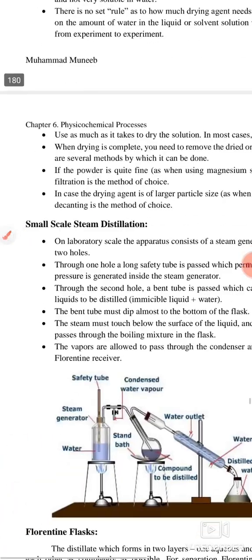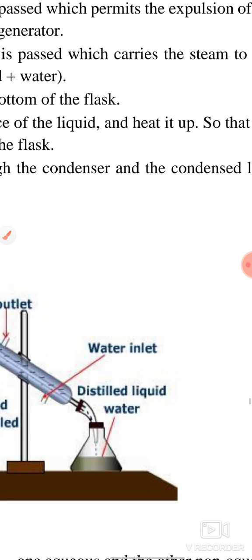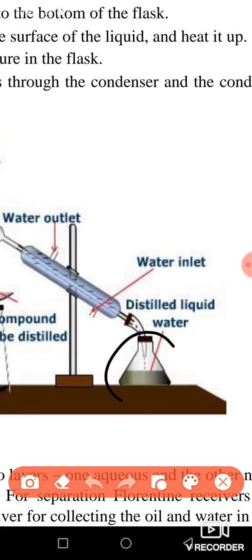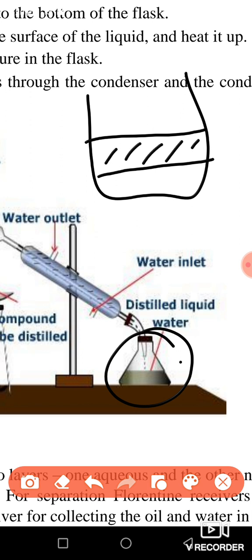So as you see here, the water vapors as well as the liquid vapors both move through the condenser. So there is a possibility that this distillate fluid contains water in it, but you see, the distillation flask contains a solute or a compound which is immiscible with the liquid, so that we get two layers of the liquid.